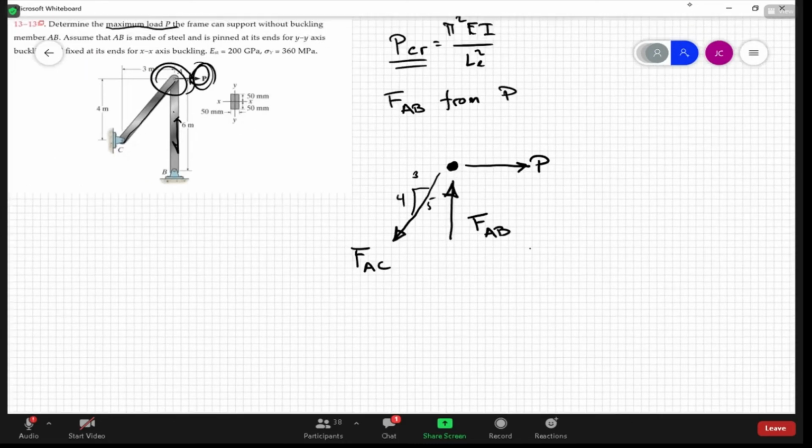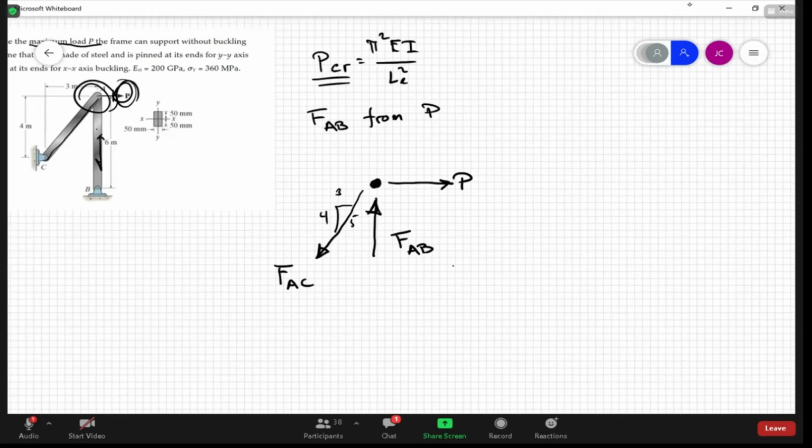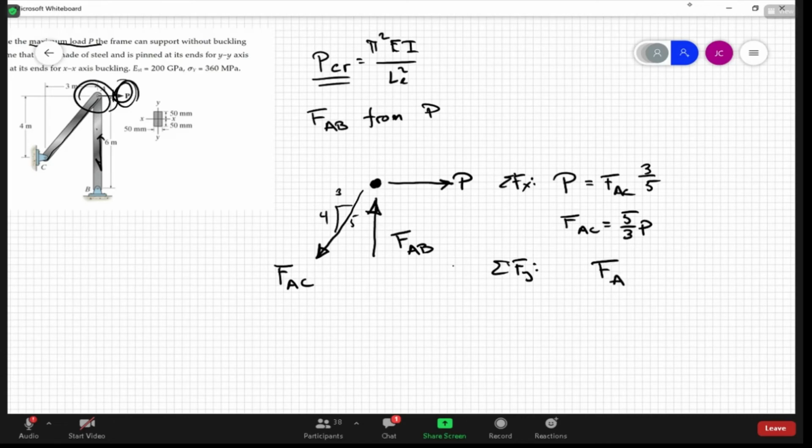Sum of forces in the X direction: P has to equal FAC times 3/5, or in other words, FAC equals 5/3 P. Then sum of forces in the Y direction: FAB equals 4/5 FAC.